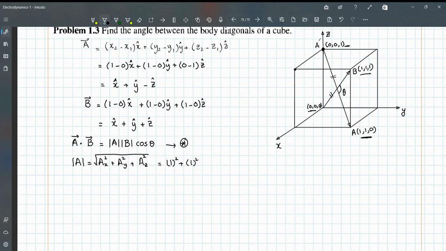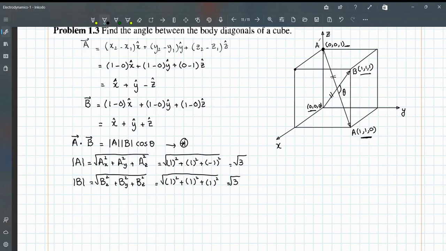So 1 squared plus 1 squared plus minus 1 squared gives me root 3. Similarly, the magnitude of B is the square root of bx squared plus by squared plus bz squared. Here bx is 1, by is 1, and bz is 1, so that again gives me root 3.